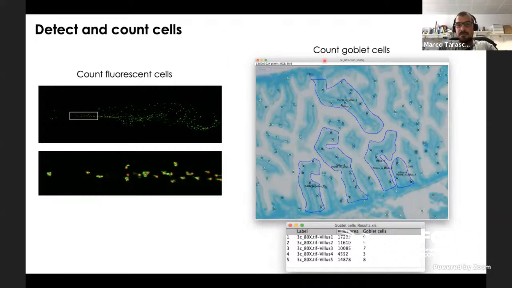And we can do the same for histological sections, such as counting the number of goblet cells. In this case, we only need to select our region of interest, each villi, and then automatically the macro will give us the area of the villi and also the number of goblet cells in each one.